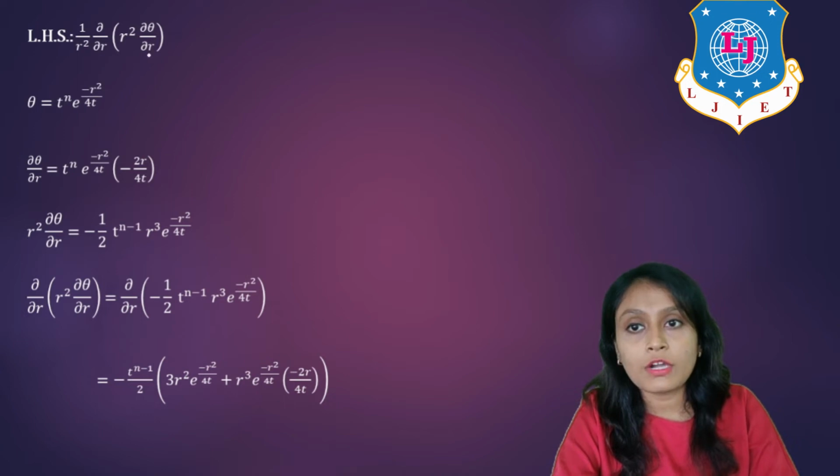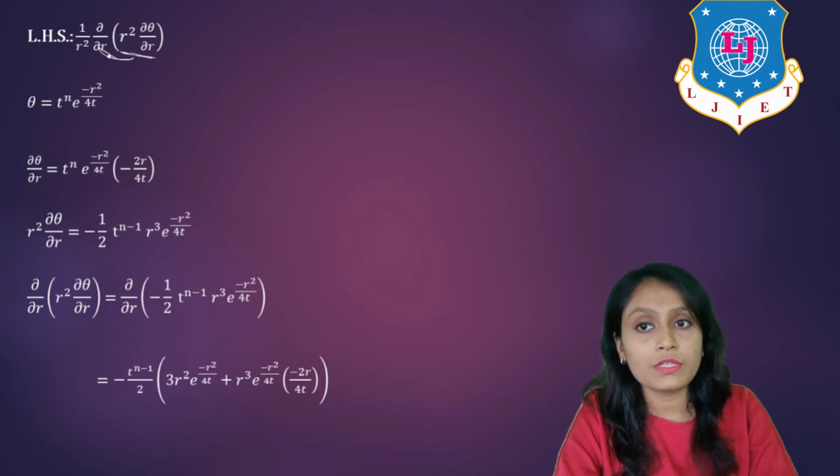So LHS, as given in the question, is 1 upon r square into del by del r of r square into del theta by del r. So firstly we will find this del theta by del r, then multiply by r square, and then again take derivative with respect to r, and then multiply it by 1 upon r square. So let's begin. Theta is given, that is t raised to n into e raised to minus r square upon 4t.